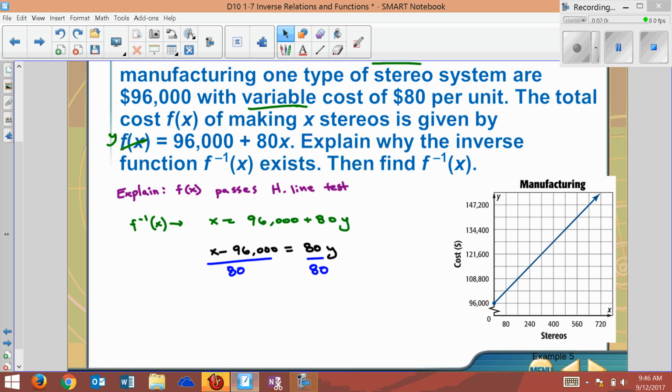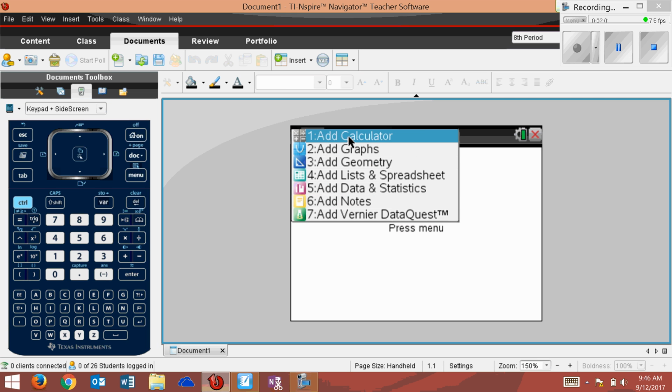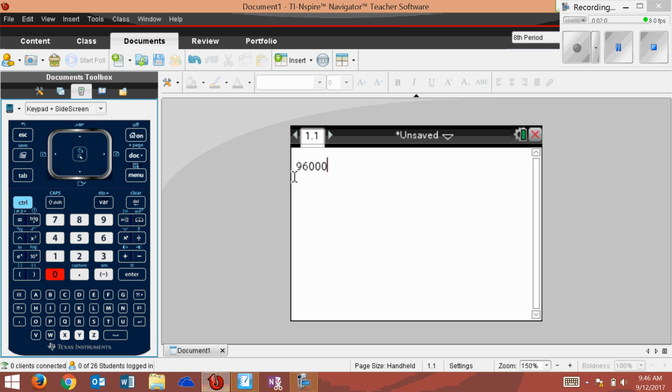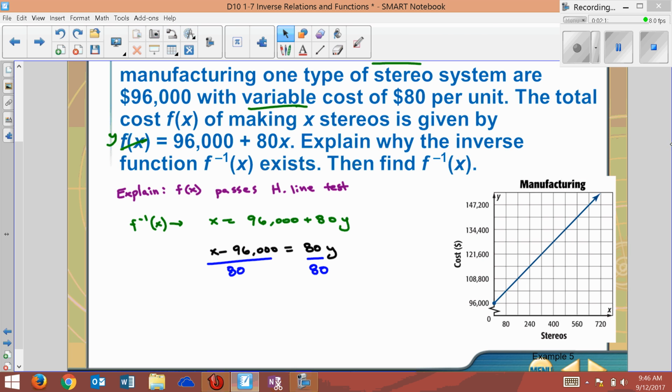So we can check real quick in the calculator. Can we simplify 96,000 divided by 80? We can, to 1,200. So what I'm going to do is rewrite this equation as x over 80 minus, is it 120 or 1,200?